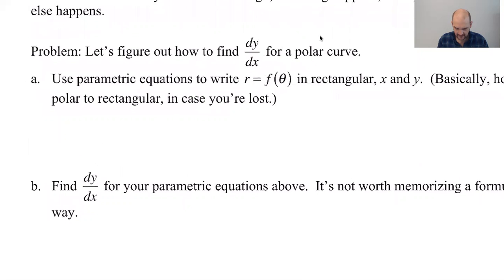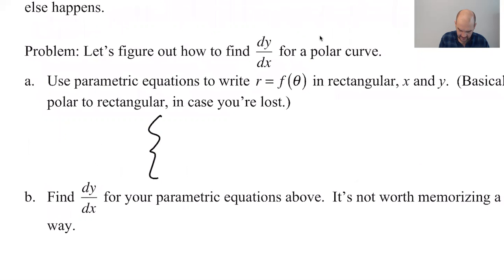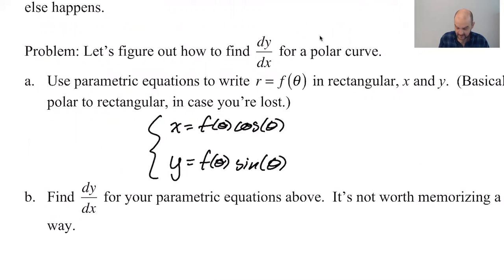So let's see if we can get dy dx. We now know that x is going to be f of theta cosine of theta, and y is going to be f of theta sine of theta. You might notice that both of these are products, which means it's not going to be super fun to find dy d theta and dx d theta, but now we can do it.